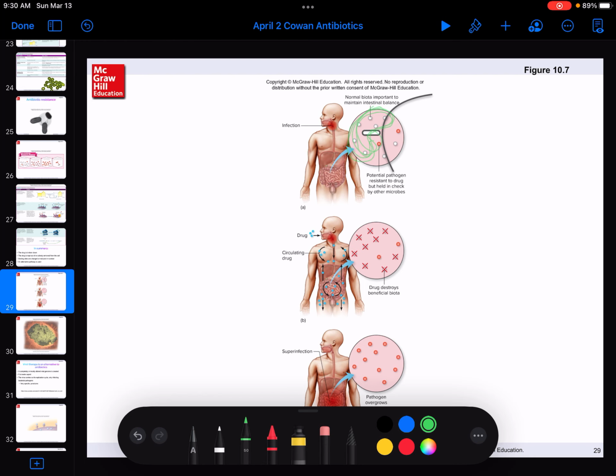And as we said, they might be more efficient. They might be better at dividing. Their ribosomes might work better, or their cell wall building enzymes might work better and faster. And so they're going to outcompete the ones that have antibiotic resistance.